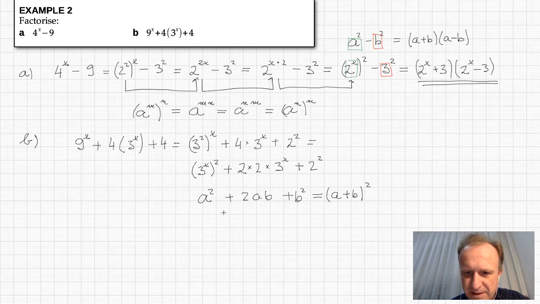Okay, can we identify terms on the left hand side of this formula? Can we find their corresponding terms here in this expression that we are trying to factorize? Well, let us try. So if I take a to be 3 to the power of x, then it should be also here 2 times a times b.